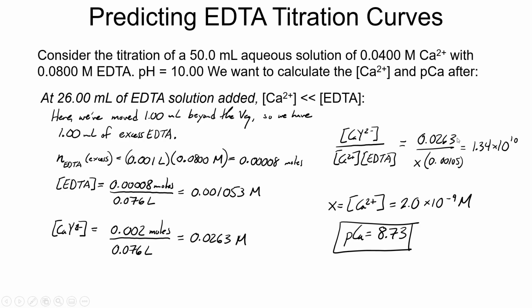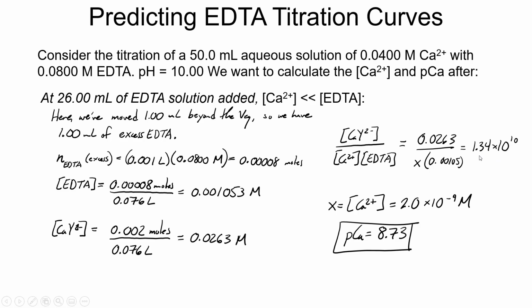As a result, we now have an equilibrium constant where we know 2 of the 3 values. We know the concentration of CaY2 minus at equilibrium. We know the concentration of EDTA at equilibrium. All we have to do is solve for X by setting our K'F equal to its numerical value at pH 10, still 1.34 times 10 to the 10th.